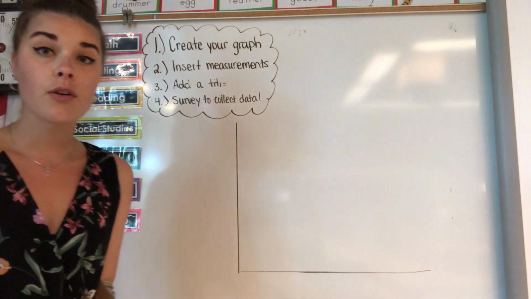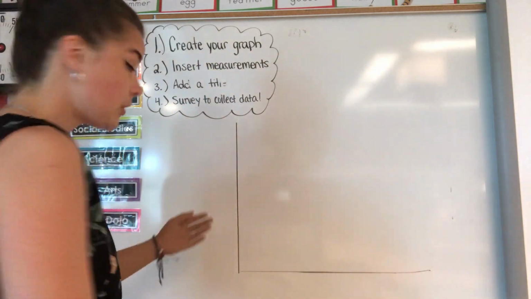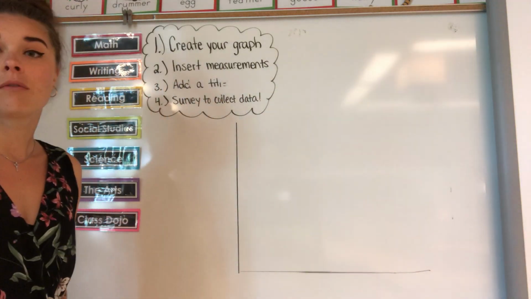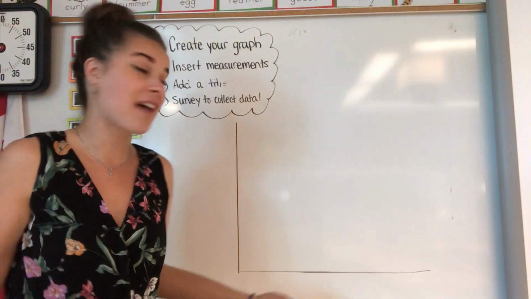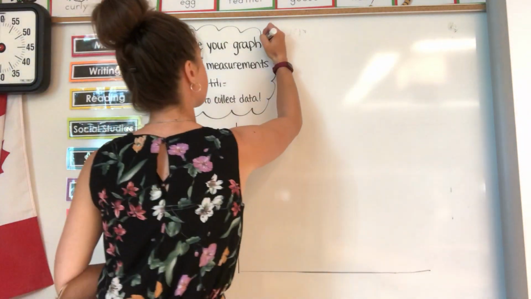You should have something that looks like a big L on your page. You can put your ruler aside for now. So that's how we create a bar graph. It's really basic. We've done the first thing.